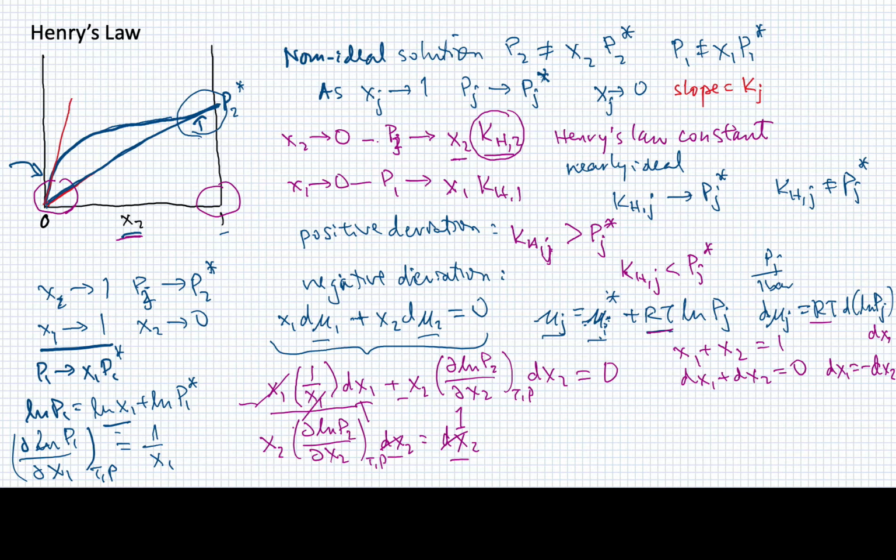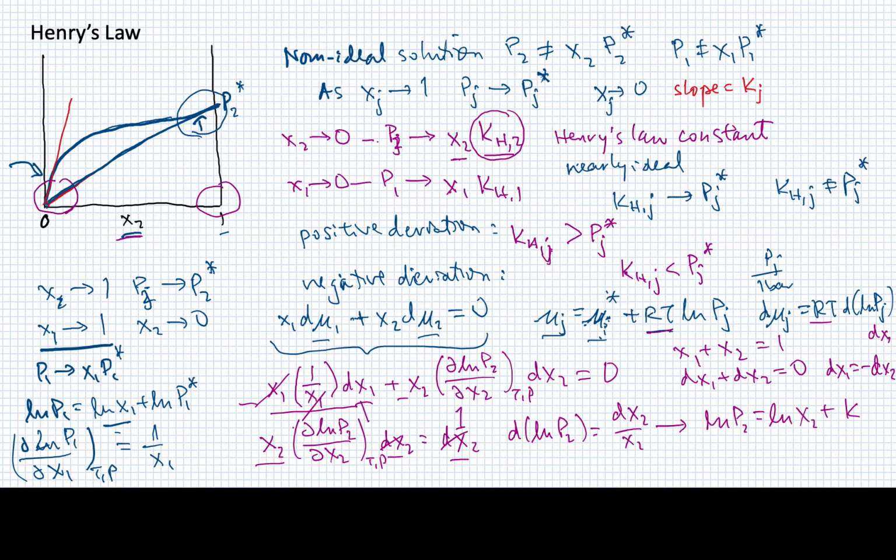Now I can rearrange this equation a little bit to write down d log p2 is equal to dx2 over x2, because I'm dividing by x2, which when I integrate, I'll end up with log p2 equals log x2 plus an integration constant. I'll just call that k.